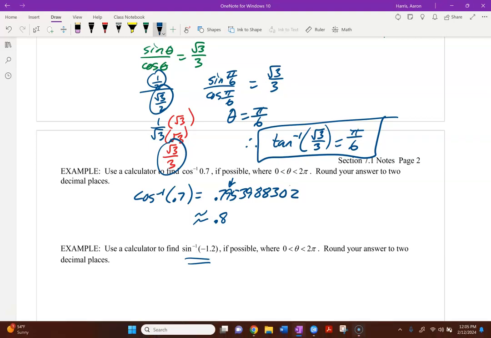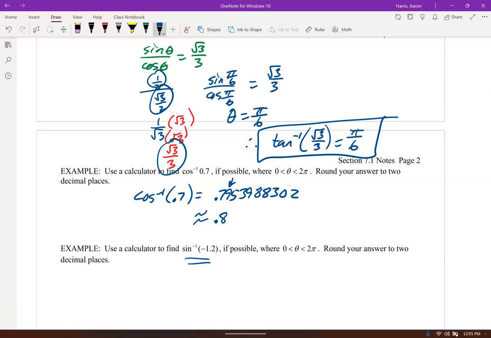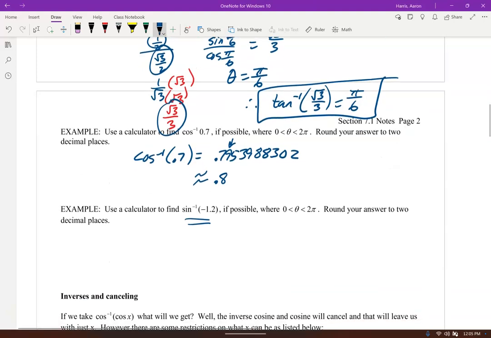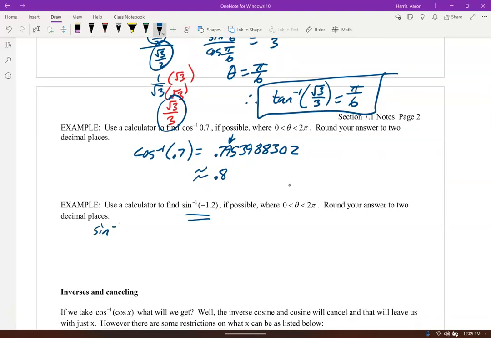And actually, before I even do that, the arc sine of negative 1.2, before I punch that in, remember this is saying the sine of theta would be negative 1.2, right? So the sine of what gives you negative 1.2? Well, this is outside of our range.